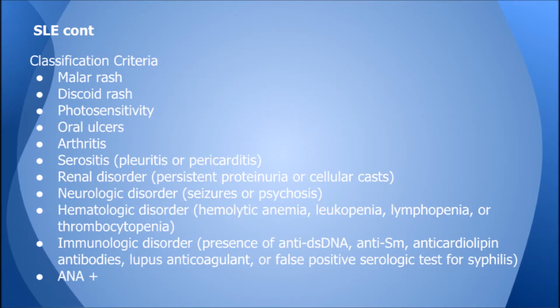Here's the classification criteria. It's going to talk about different types of rashes that you may see, or photosensitivity, sensitivity to the sunlight, ulcers in the mouth, arthritis, renal disorders, neurologic disorders, hematologic disorders.